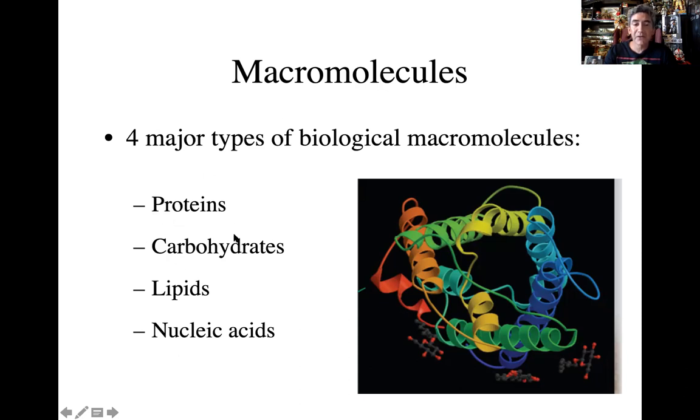Another category of macromolecule is carbohydrates, lipids, and nucleic acids. So you have to know all of the chapter two stuff so they can make sense as to how proteins are formed, how carbs are formed, how lipids are formed, how nucleic acids are formed. So that's sort of the justification for learning chemistry, chapter two.